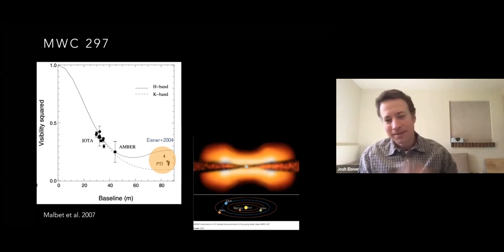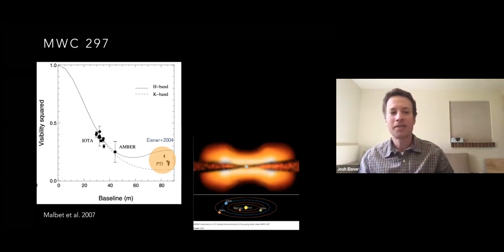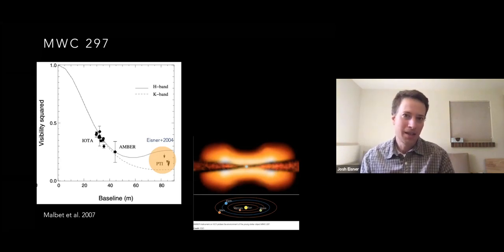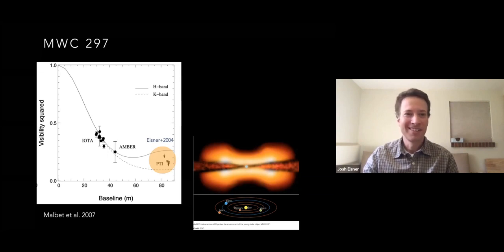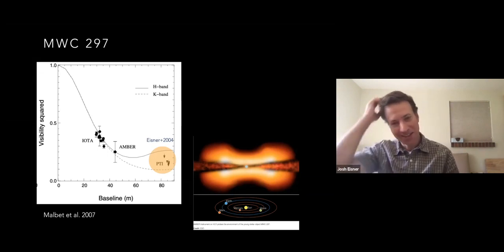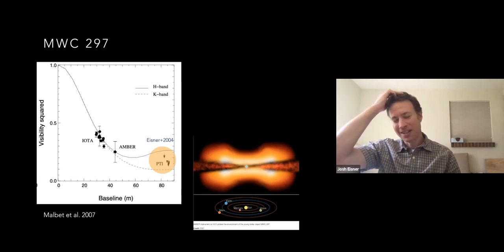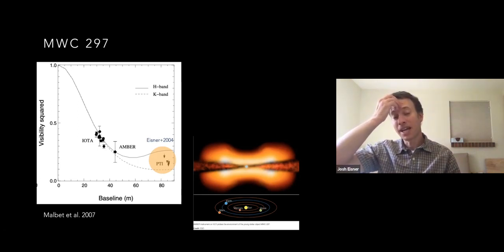So I wanted to make this point that the imaging data here really suggest a face-on disk. And this is kind of in a lot of tension with the V sin i measured for the star.